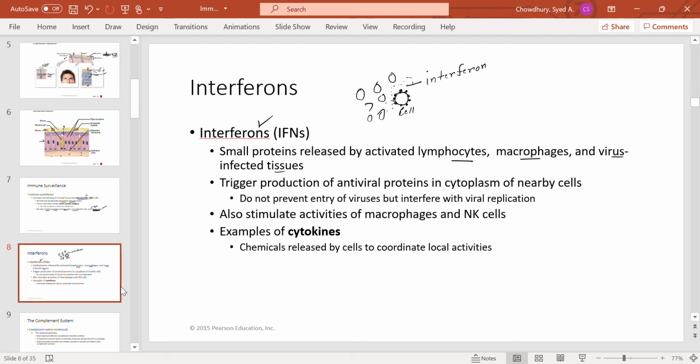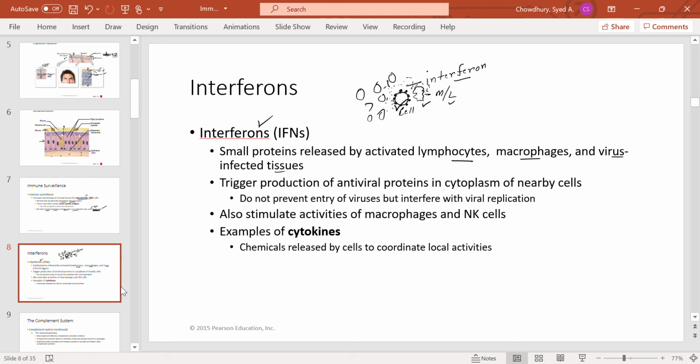And also the presence of virus or antigen will activate the macrophages, right, phagocytic cells, as well as the lymphocytes. So macrophage or lymphocyte will be also activated and will secrete interferon. So viral infected cell or activated macrophage or lymphocyte would secrete that chemical interferon, which is very important to alert these healthy nearby cells.